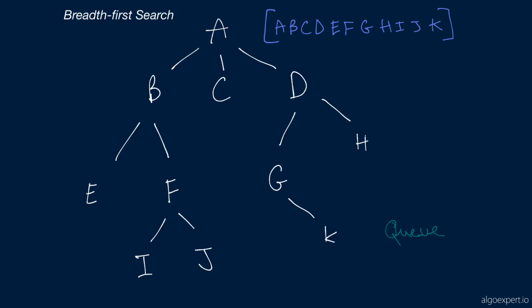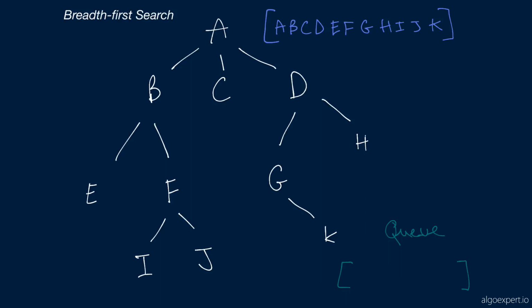A queue, in a couple words, is a data structure that follows this rule of first in, first out. In other words, the first thing that we put in the queue is going to be the first thing to come out of it. And we can pretty simply create a queue just using an array, a Python list or a JavaScript array.